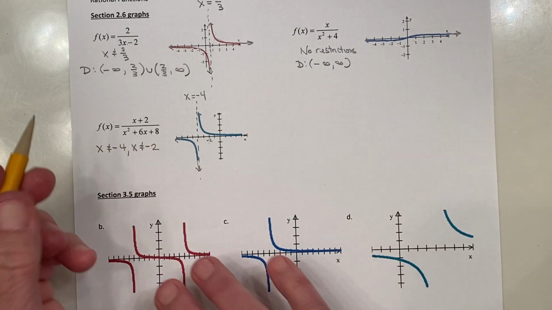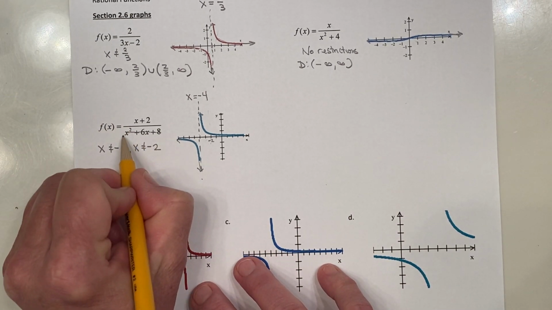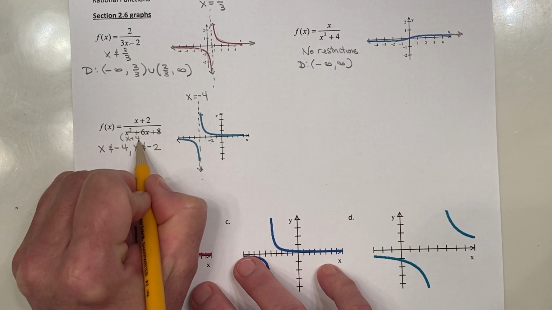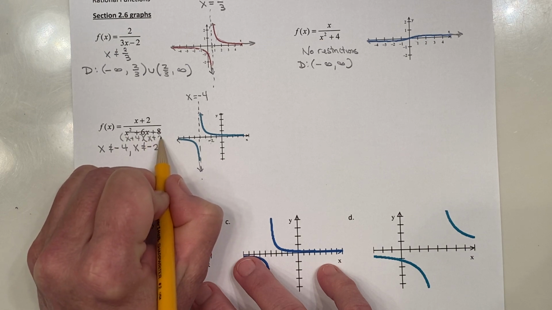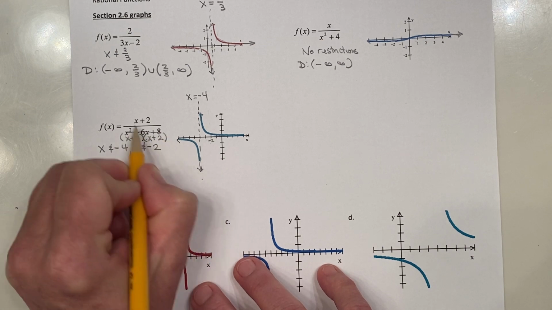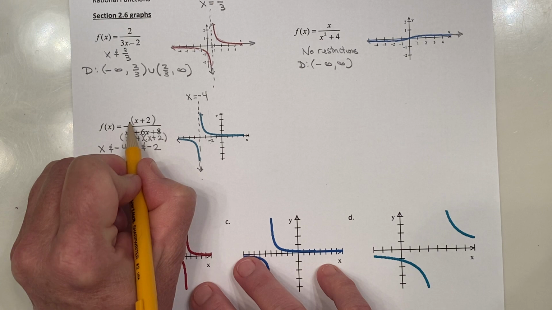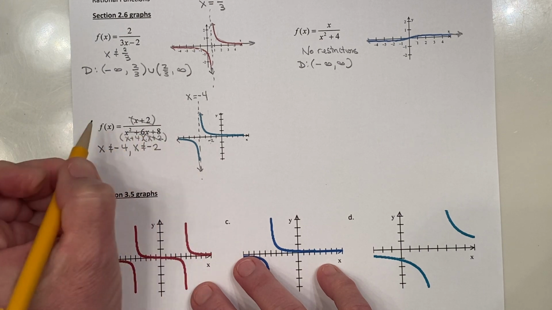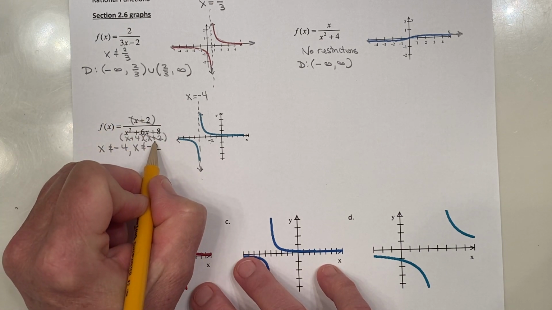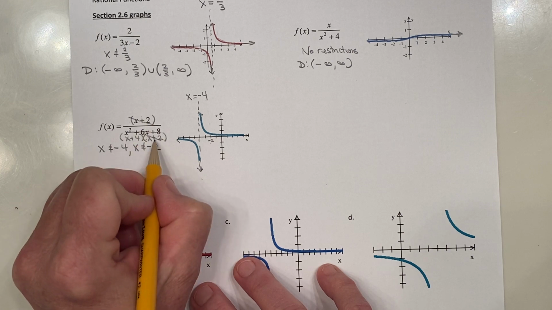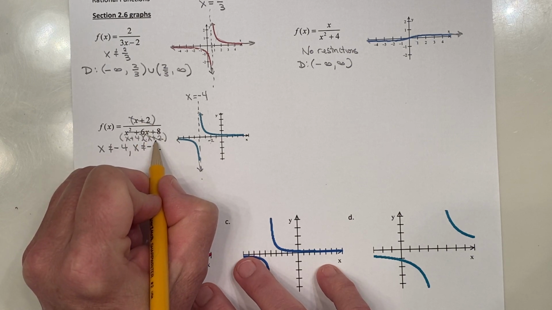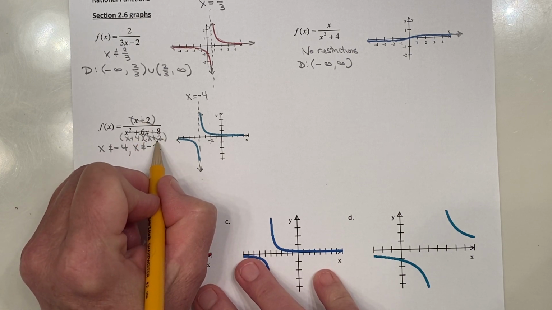Well, we'll have to see that when you factor this denominator and you get x plus 4 and x plus 2, notice that x plus 2 is a common factor with x plus 2 in the numerator. When you have common factors like this, the restricted x value that comes from this common factor actually won't be a vertical asymptote.